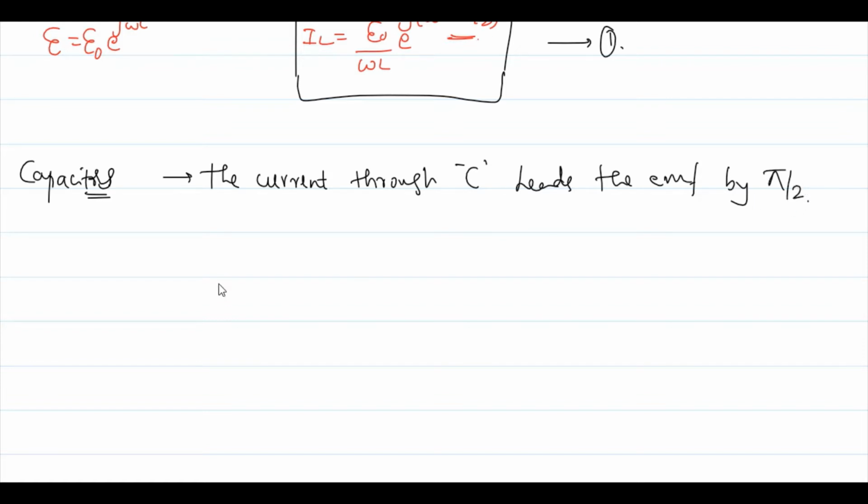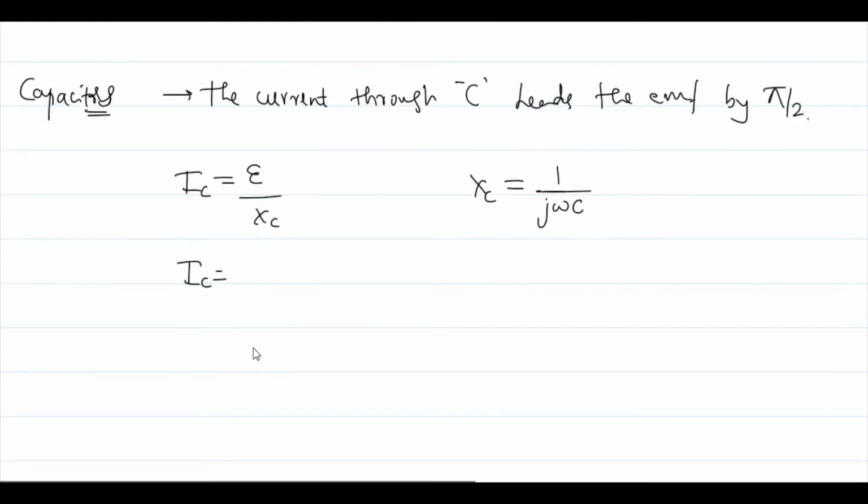If you calculate the current across this capacitor as in the case of the inductor, IC is equal to EMF divided by XC, as we know that XC is equal to 1 by j omega c. Substituting XC and the EMF values, IC becomes EMF naught e power j omega t divided by 1 by j omega c.